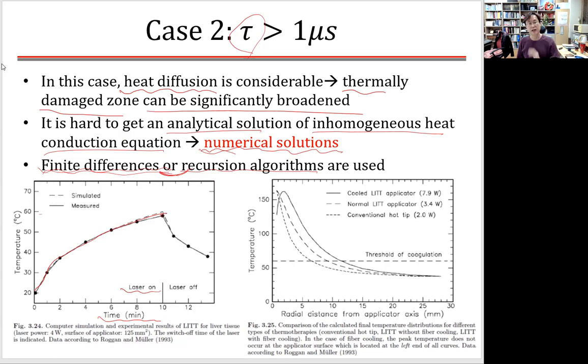Then when you turn off the laser, the temperature goes down like that. The graph on the right side also explains this, but it will come again at the LITT part, so I can explain this graph during the LITT part.